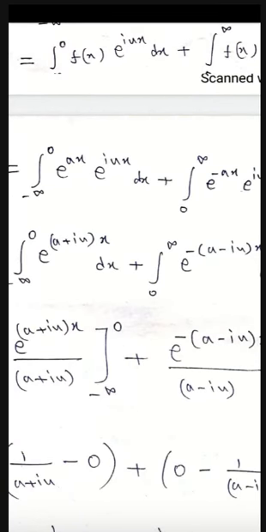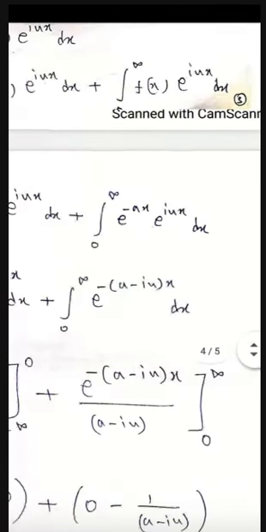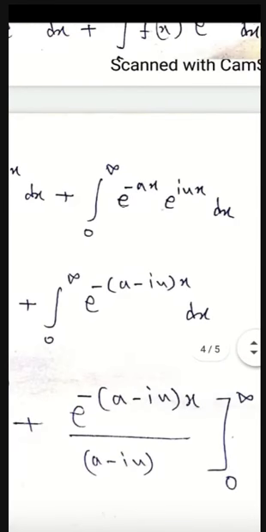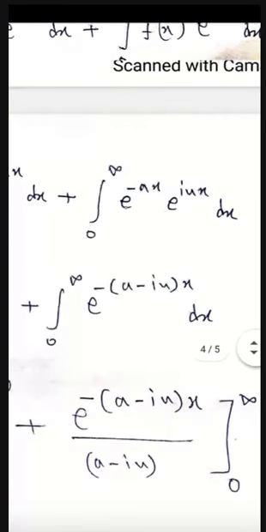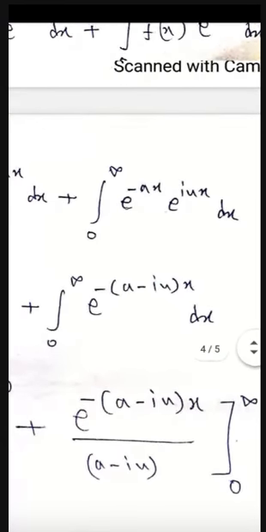In the second term also you just add, and I have taken the minus sign outside. I am doing this problem with reference to the previous problem, which you already learned. You just observe here, the bases are the same, so powers will be added. What you will get is e power minus ax plus iux.